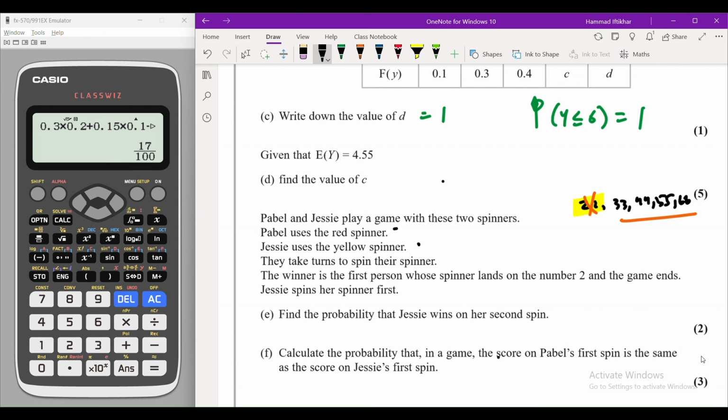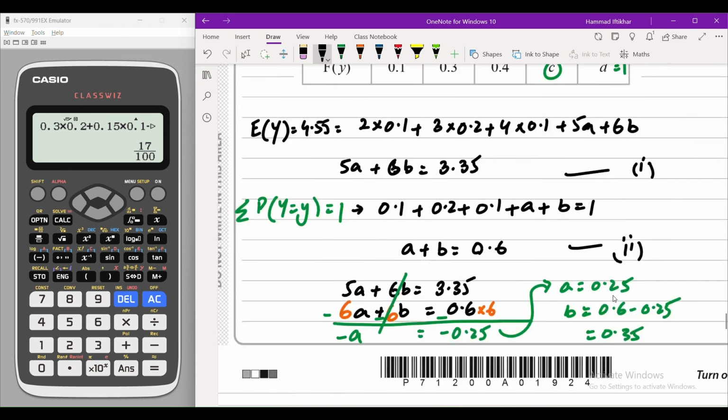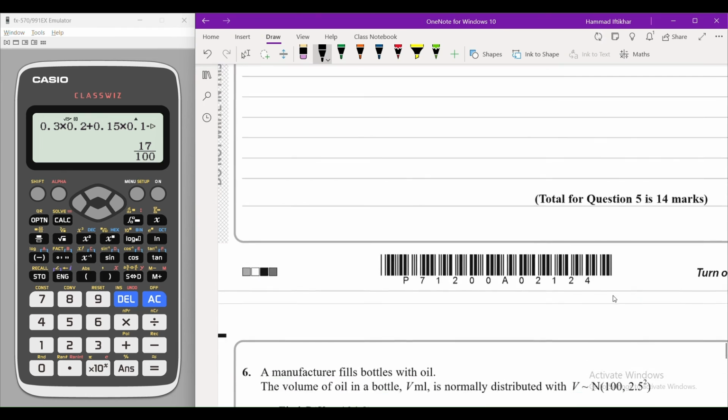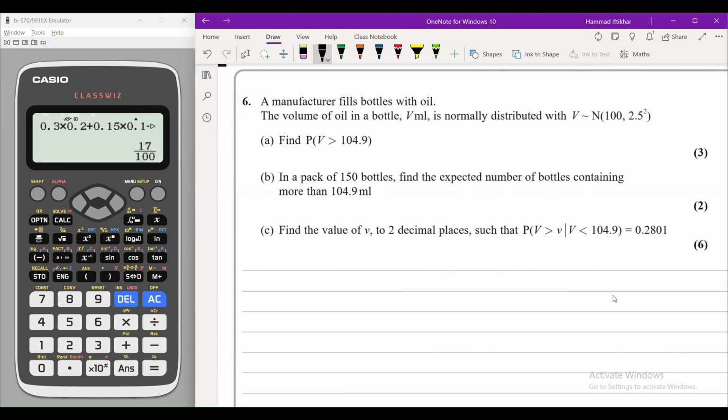All right, moving on. Question number 6. A manufacturer fills bottles with oil. The volume of oil in a bottle, V milliliters, is normally distributed, V ~ N(100, 2.5²). That is, 2.5 is the standard deviation.